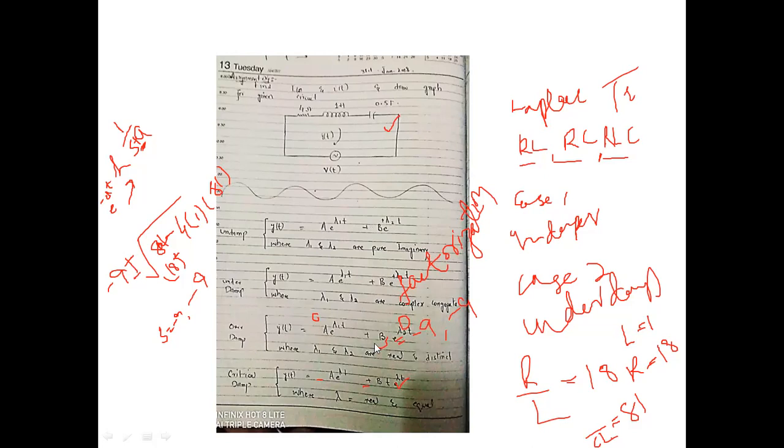In the critically damped case, the generalized equation is the same, but in this you can see b t e raised to the power lambda t. Because in this case the roots are equal, there is no need to write lambda 1 and lambda 2, just write lambda.